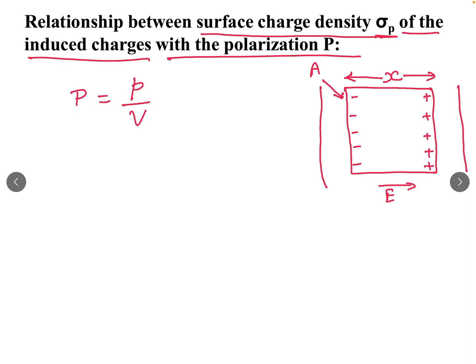This concept is called polarization. Its formula: capital P polarization is equal to small p, dipole moment developed per unit volume.